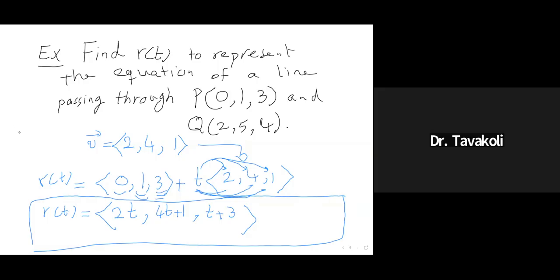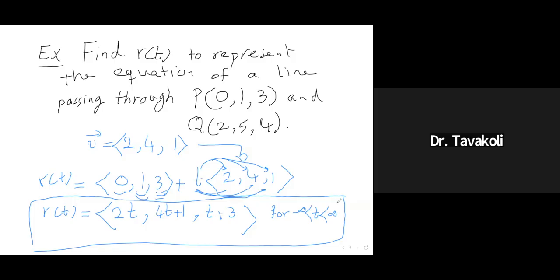So I should specify here, this is for all the t's, strictly more than minus infinity, less than infinity. So for different values of t, we get different vectors, and the terminal point of all of those vectors will form the line connecting P to Q.